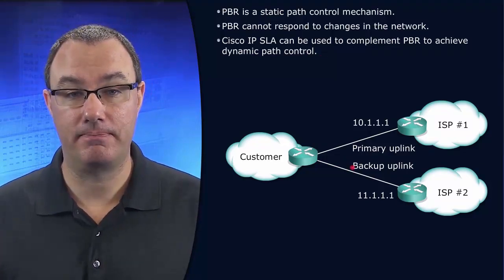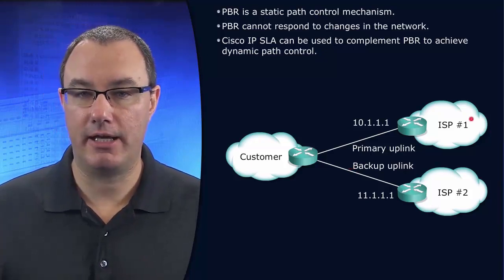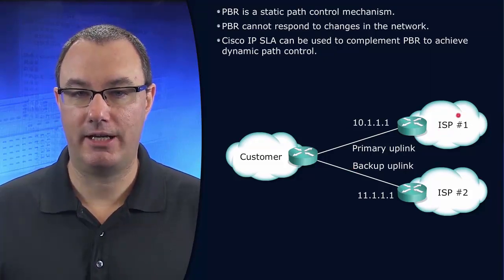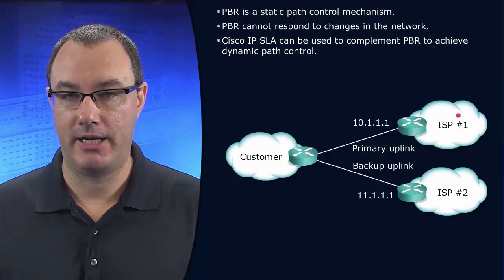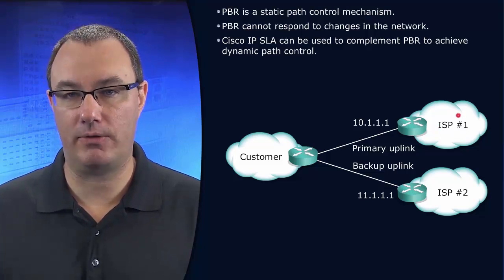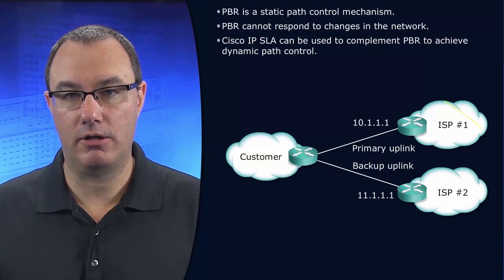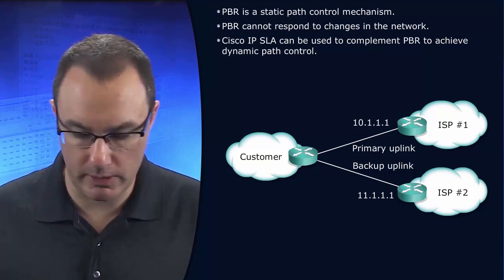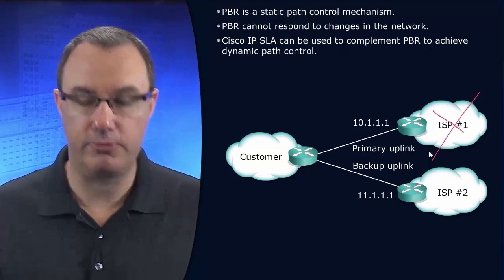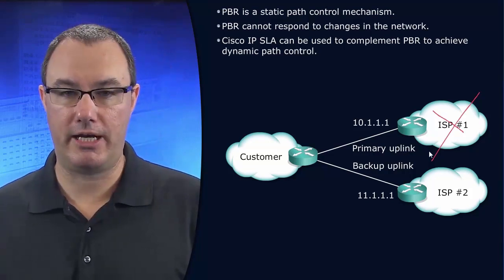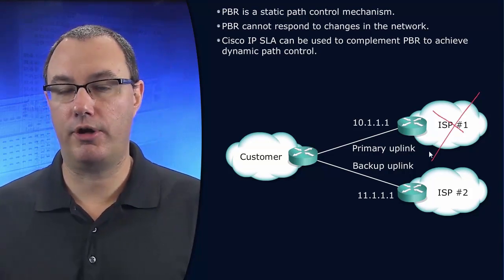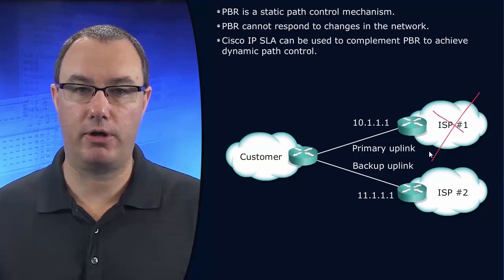backup link. Let's say that ISP1 is experiencing a problem and they have lost internet routes. Well, let's say they are in a situation where they've got some serious problems going on and the routing infrastructure of ISP1 is no longer there.